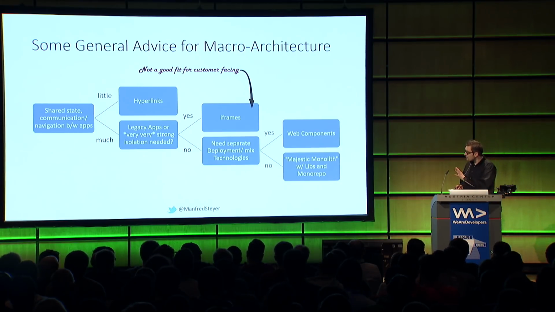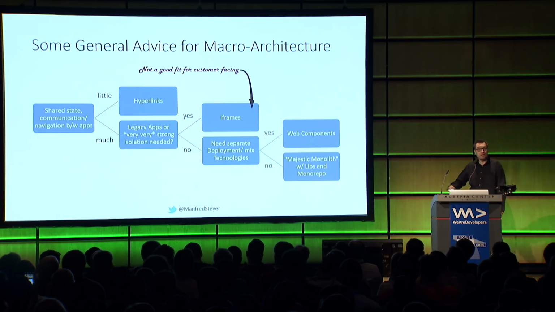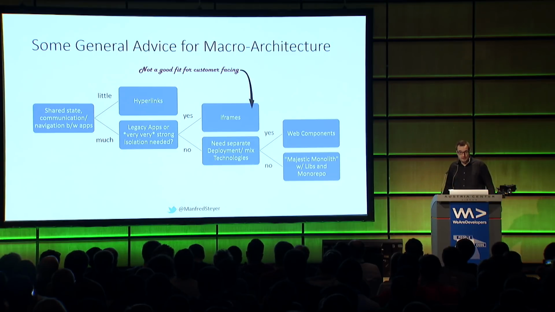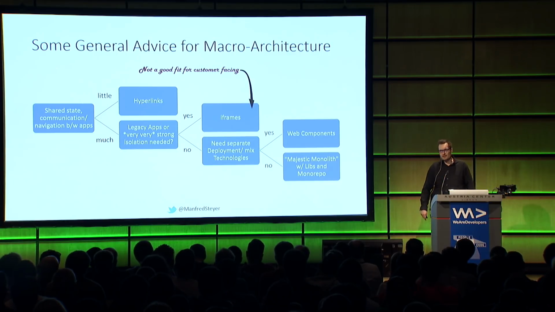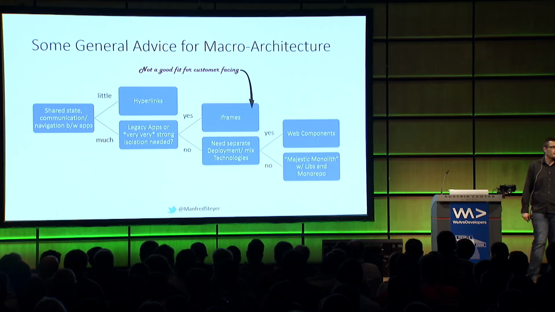The next question is, do you need separate deployment and do you want to mix technologies over the next decade? And when you say, no, I don't need this, then chances are high that you don't need microservices at all. In this case, go with a monolith, but not with an ugly monolith.